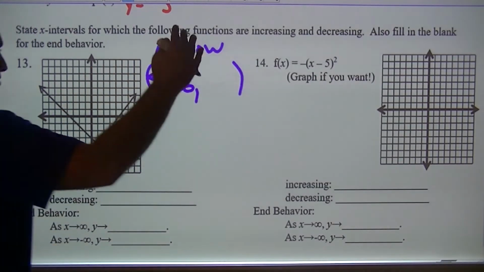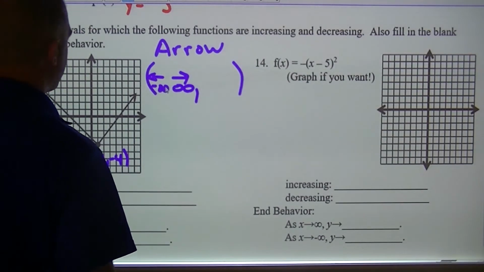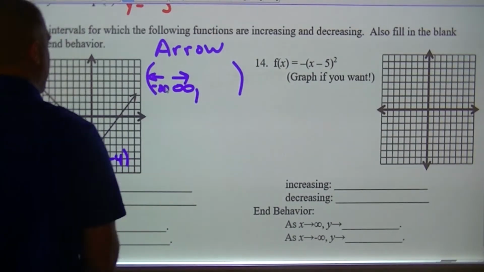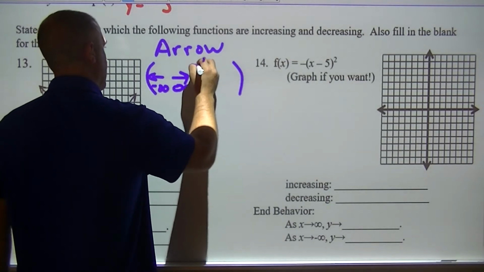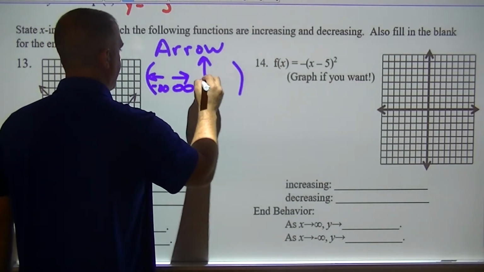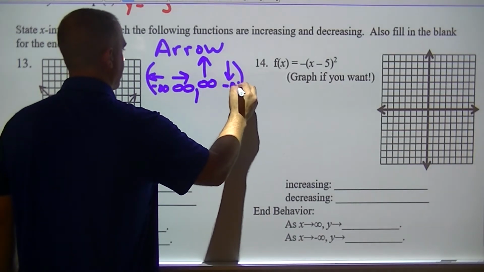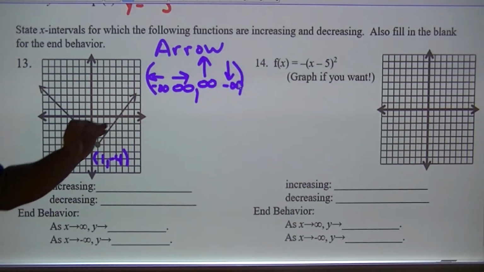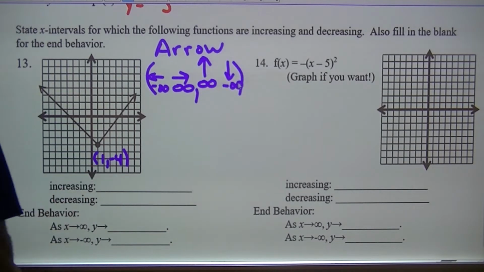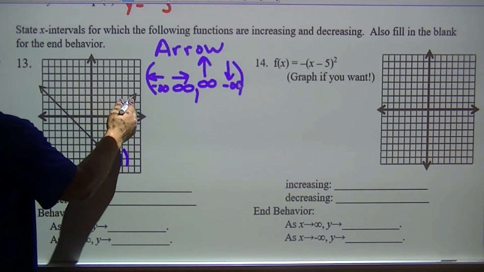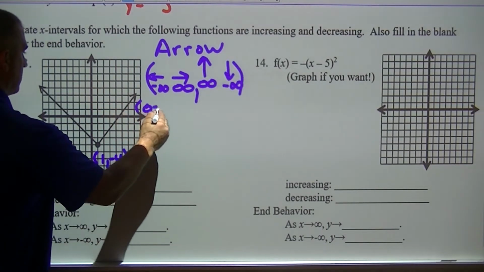So when you look at the graph, left side would be over here, right side would be over there. Then the second coordinate, if the arrow is pointing up, it's positive infinity. If the arrow is pointing down, it's negative infinity. In later chapters, we'll get to when that arrow levels out, but we're not going to worry about that right now. So for this one, this is a right arrow.